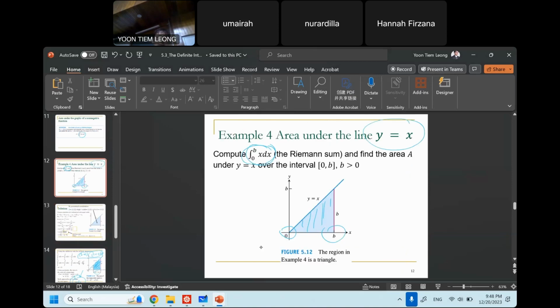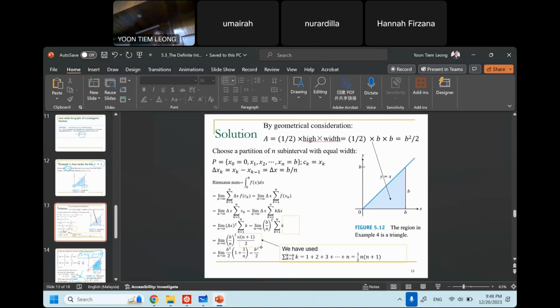Okay, so before I leave this example, I just want to mention one more thing. Here in example 4, you calculate the area of the triangle using geometry. You also calculate the Riemann sum of this function using the definition for x running from 0 to b.